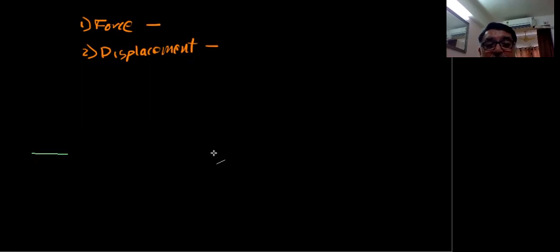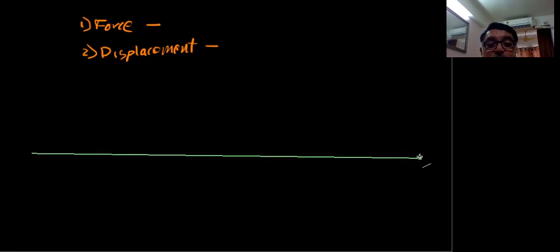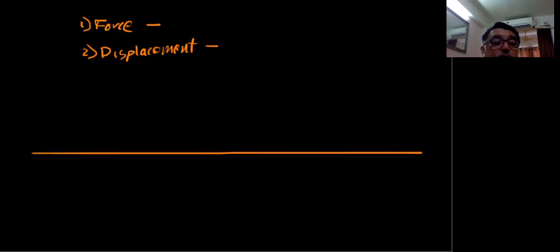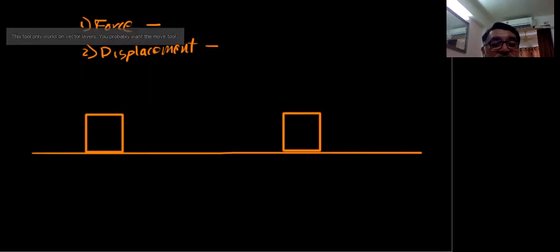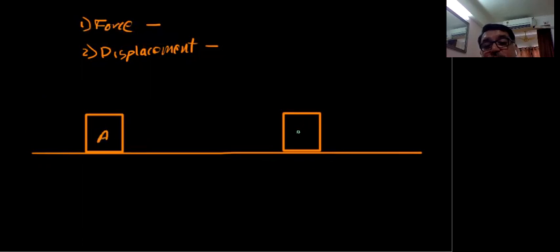Let's try to understand this by an example. Let's assume we have two boxes, and we are applying force on these two boxes. Let's say this is box A and this is box B. We are applying a force on box A, and similarly on box B. Both the boxes will produce some displacement.